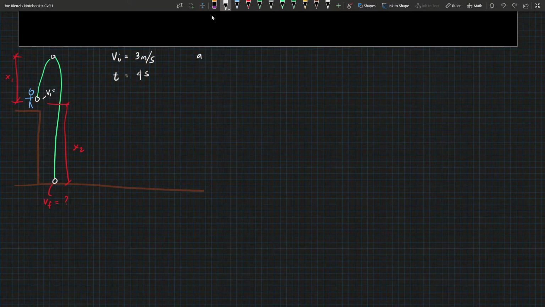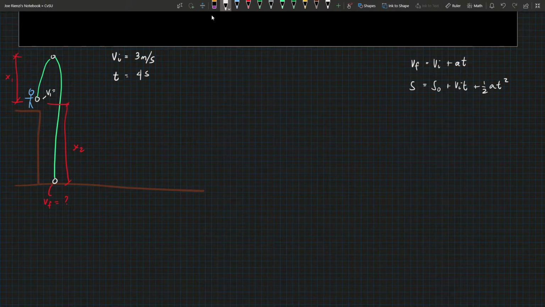First, let's remember our equations. We have V final is equal to V initial plus AT. We also have S is equal to S naught, or initial, plus V initial T plus 1/2 AT squared.